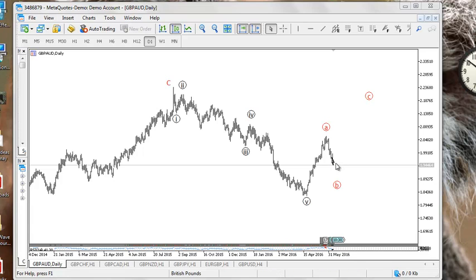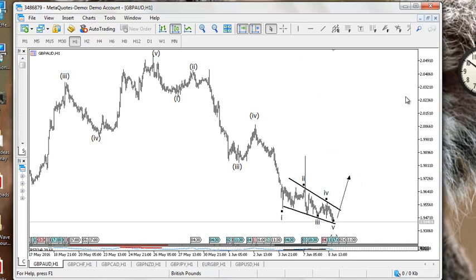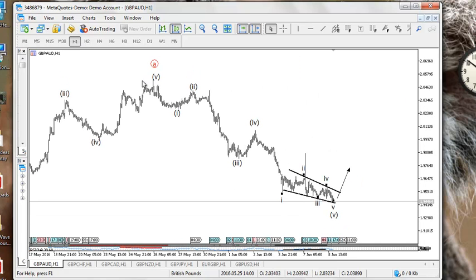At the end of this move, normally after this A wave, we will be expecting an ABC correction. Let's see what kind of pattern we can see in this dip from here to here. Now this is the level I was talking about.